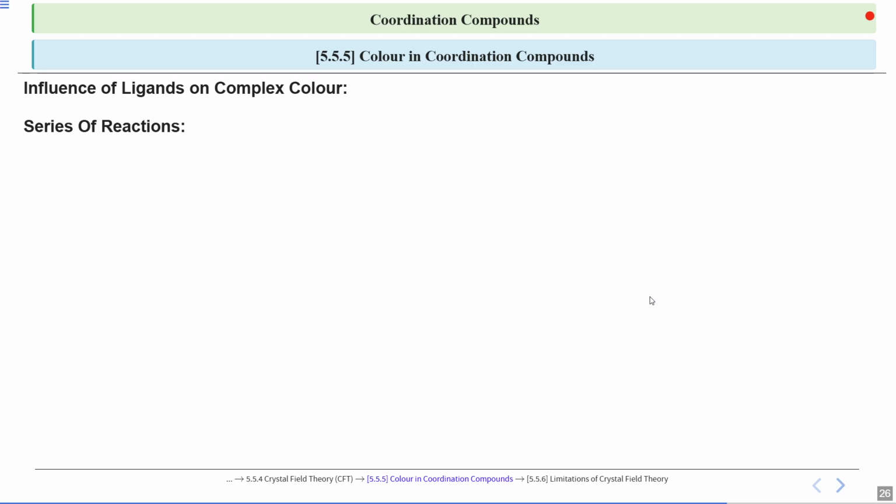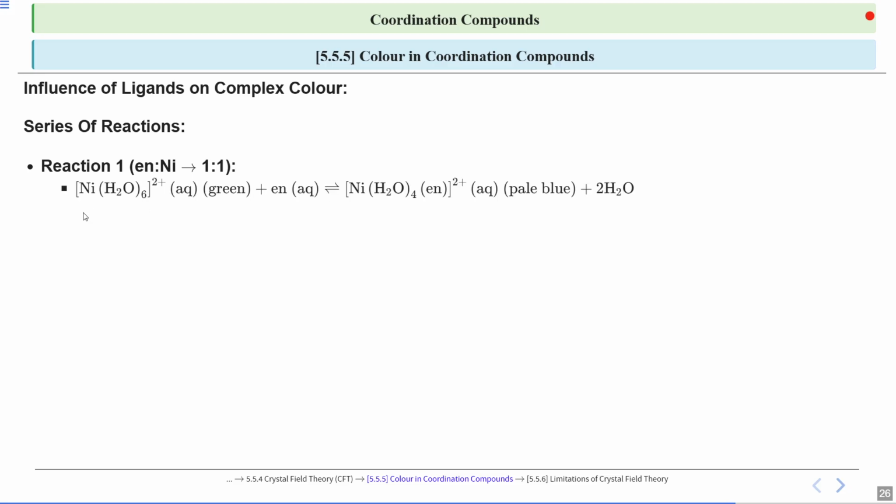Series of reactions. Reaction 1 is En to nickel ratio 1:1, when the ratio of ethylene 1,2 diamine to nickel is 1:1.